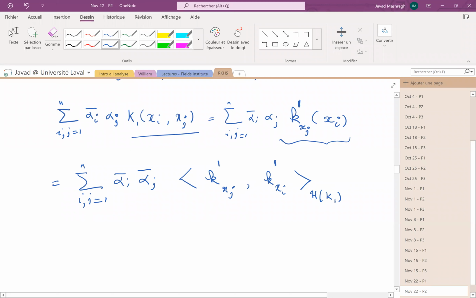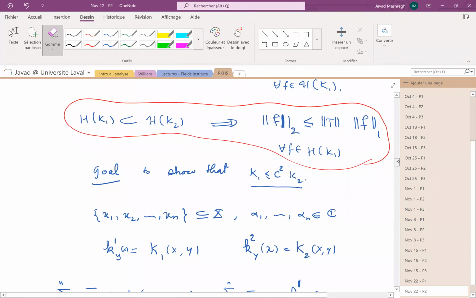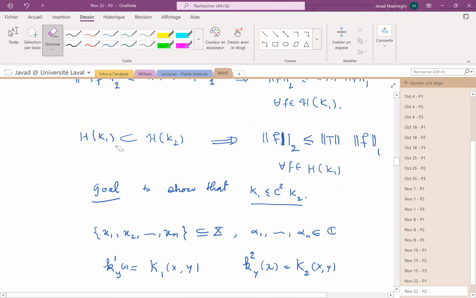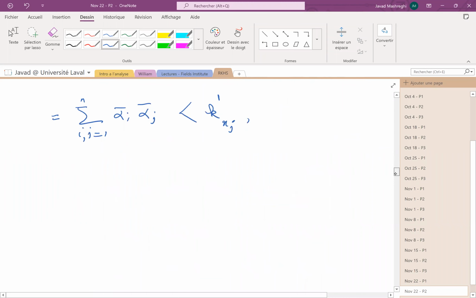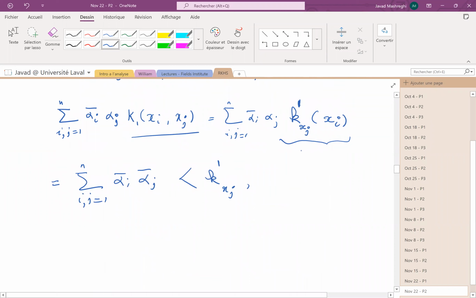This is perfectly fine, this is true, but at the same time, we use our main hypothesis that H_k1 is in H_k2. So this element, which is in H_k1, is also in H_k2.